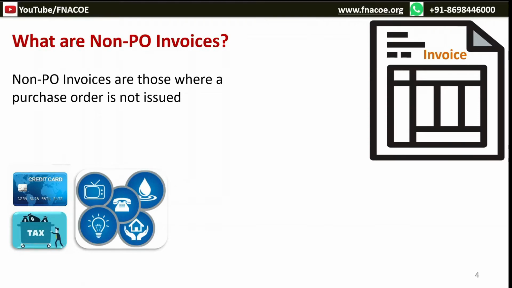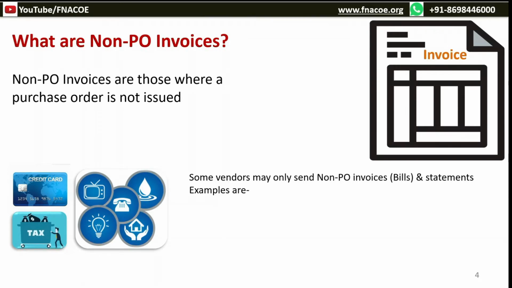Almost all businesses receive non-PO invoices, bills, or statements. A few examples are telephone bills, electricity bills, tax payments such as GST and income tax, and credit card statements. We receive monthly statements for utility bills, taxes, and credit cards. They always have to be processed under non-PO because usage and bill amounts differ each month and cannot be defined and fixed.